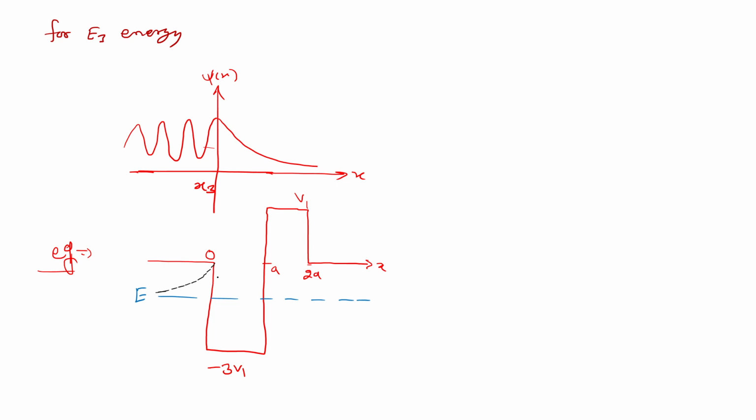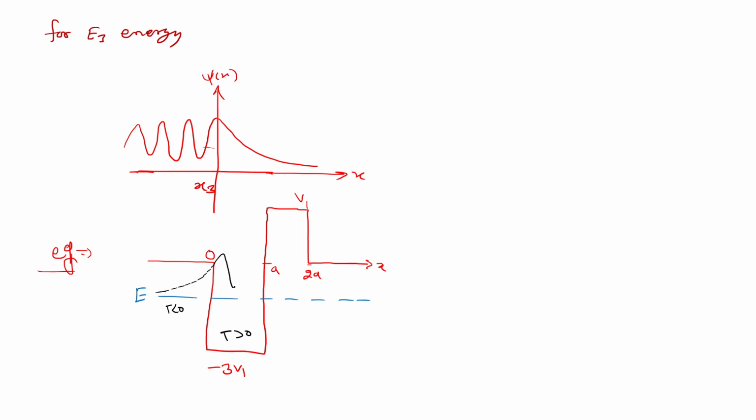But when you reach this point, there is a sudden change and potential goes to negative. So here kinetic energy becomes positive. Here your kinetic energy is negative, exponentially decaying. But here the wave function will be oscillatory in nature.